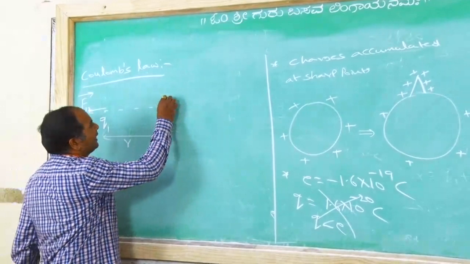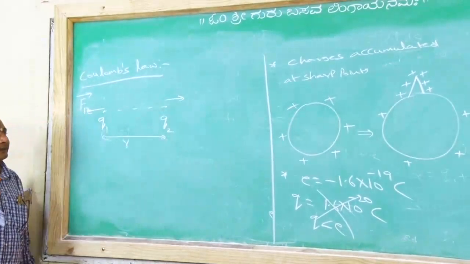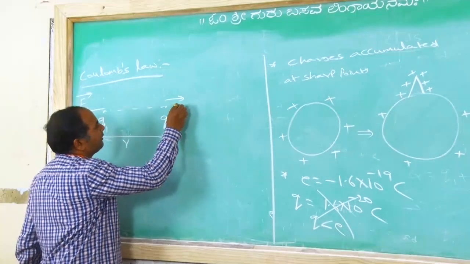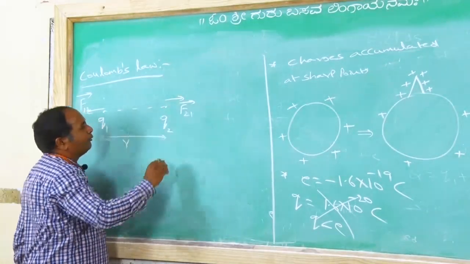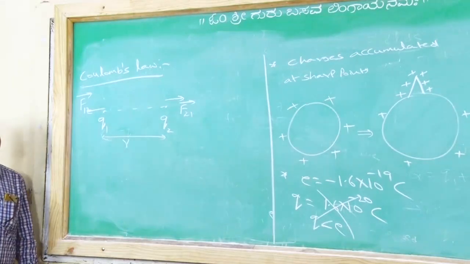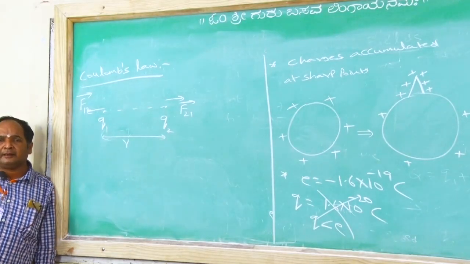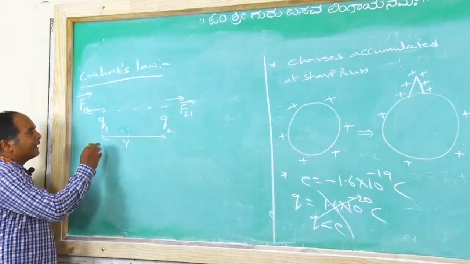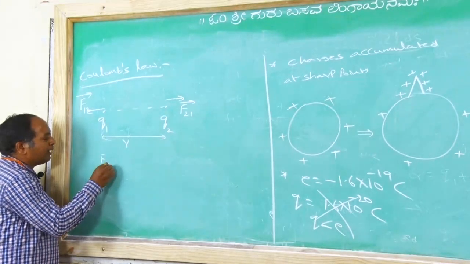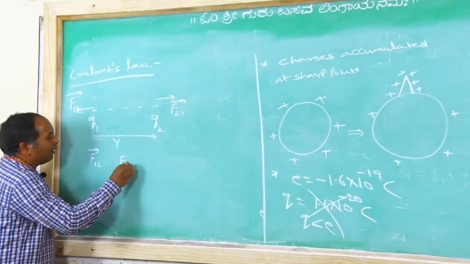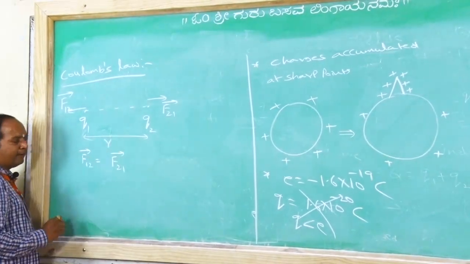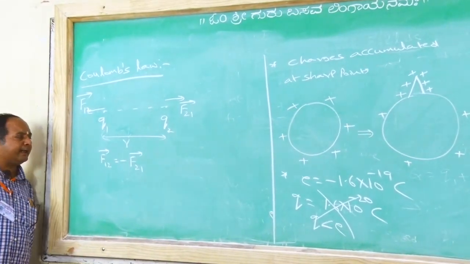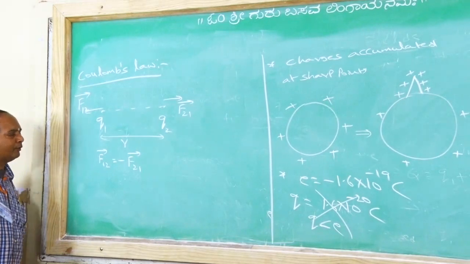Another equal force acts on the second charge by charge 1 in this direction, which is F21 bar, the force acting on charge Q2 by Q1. These two, F12 bar and F21 bar, have equal magnitude and opposite direction. We may write F12 bar is equal to minus F21 bar.